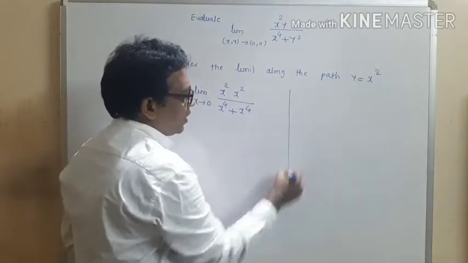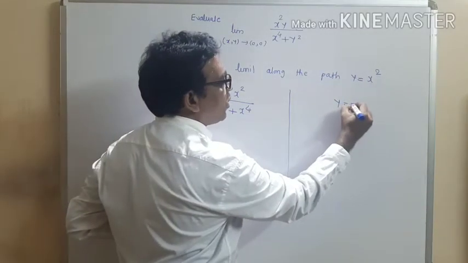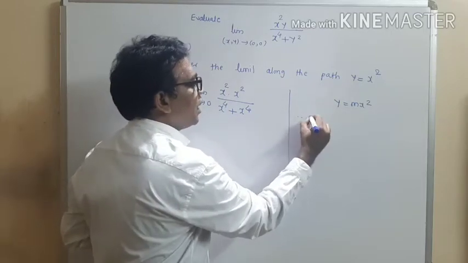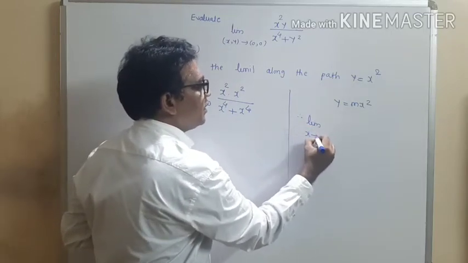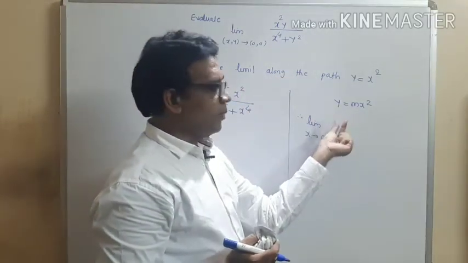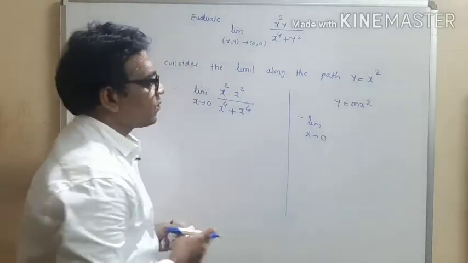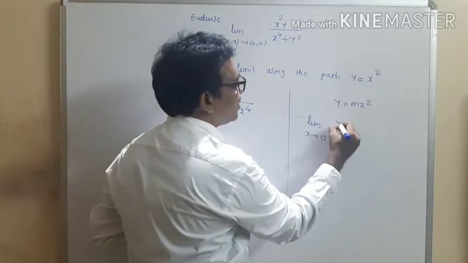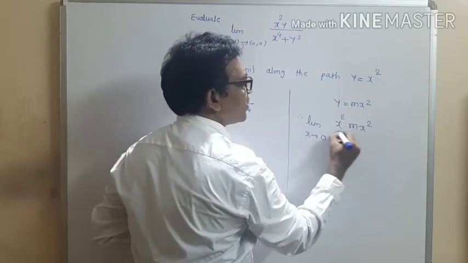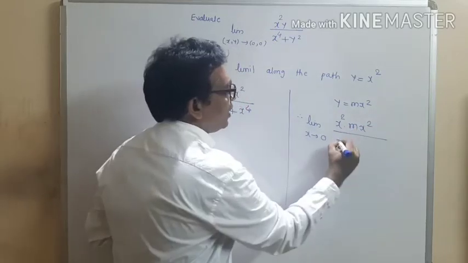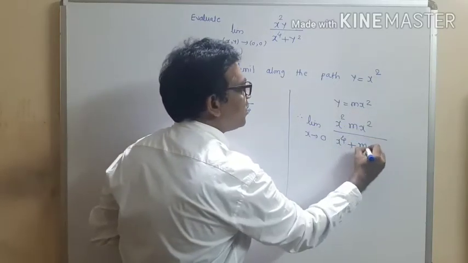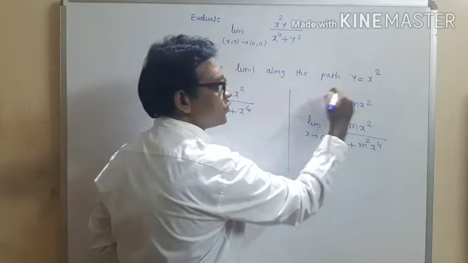Now suppose we take y equal to mx square, then our calculation is like this: limit x tends to 0, x square into, now put y equal to mx square, divided by x raised to 4 plus y square. Y square means this is m square into x raised to 4.